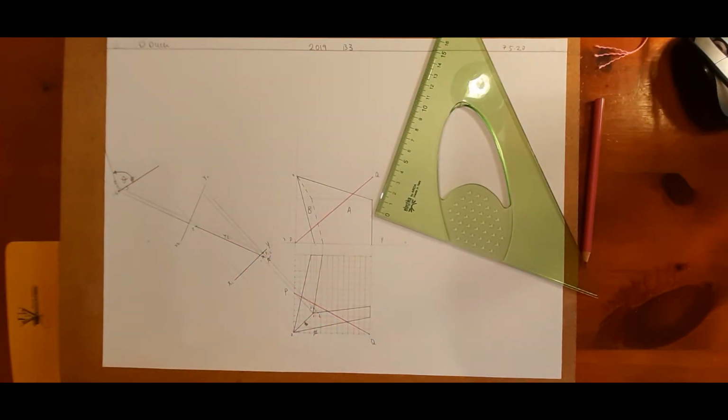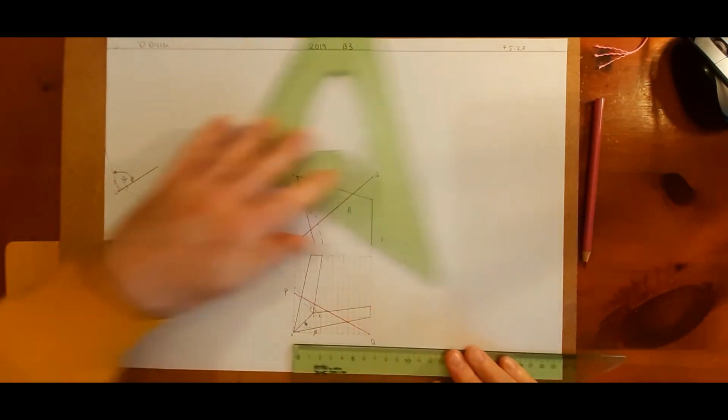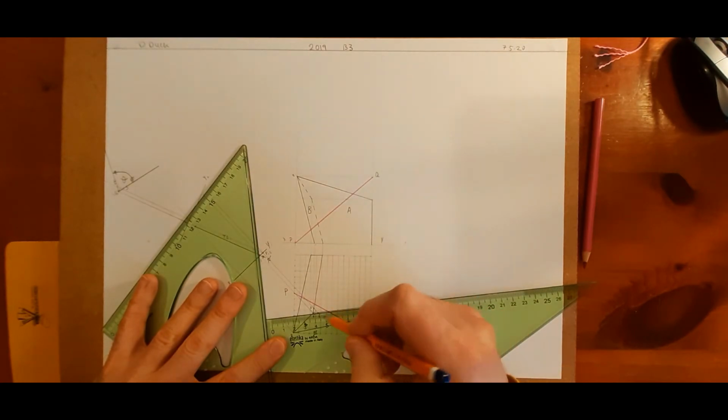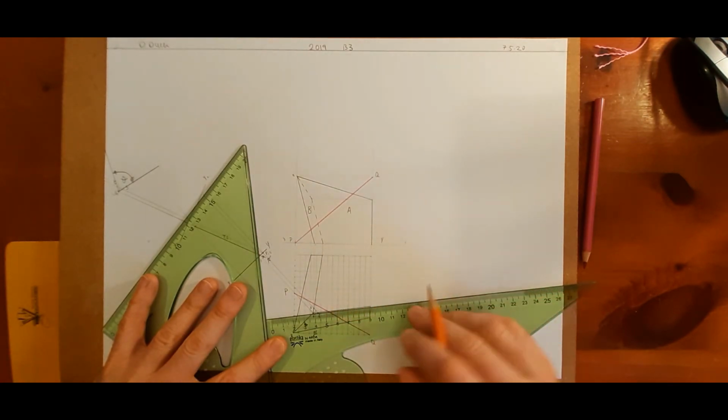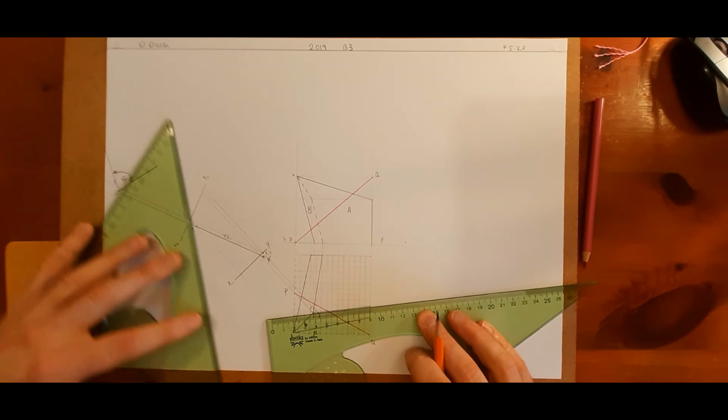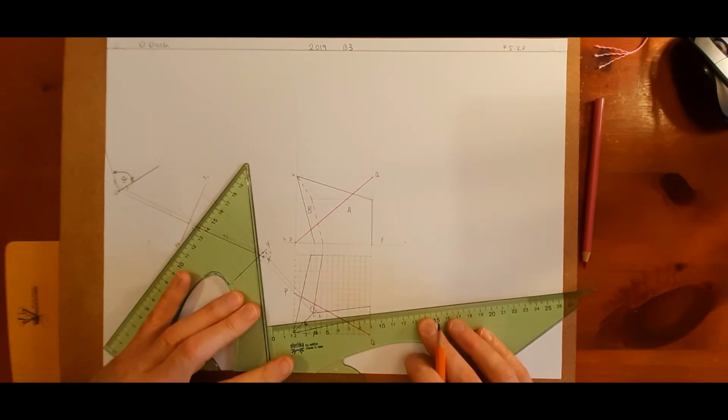Now, part C says project an auxiliary elevation of plane A on the x1, y1 line. And that has been set up for us in plan view, partially, so I'll do that now. It says, hence determine and indicate in degrees the inclination of plane A to the horizontal plane.